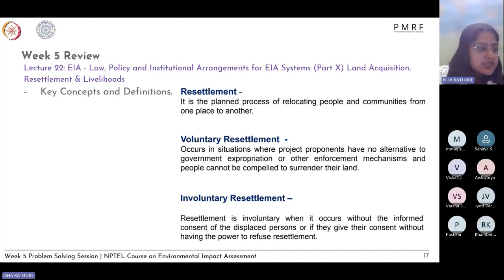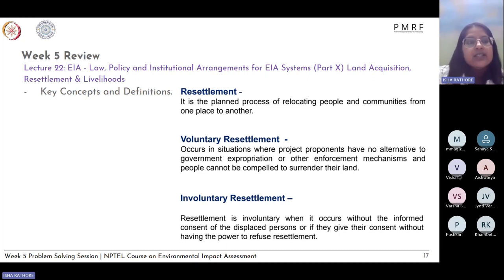So in certain situations, like when government projects come up, like a national security project, something that deals with a classified project which deals with the security of the nation, the government can acquire land, giving proper compensation to, of course, the affected parties.